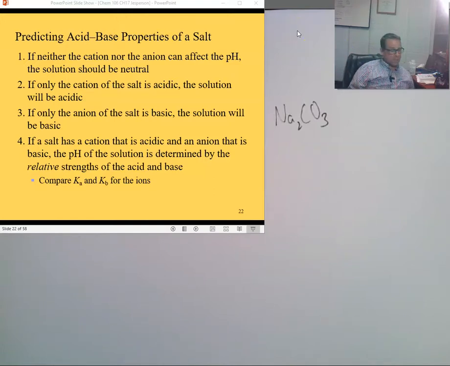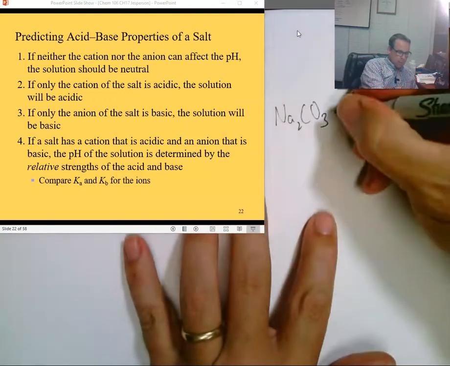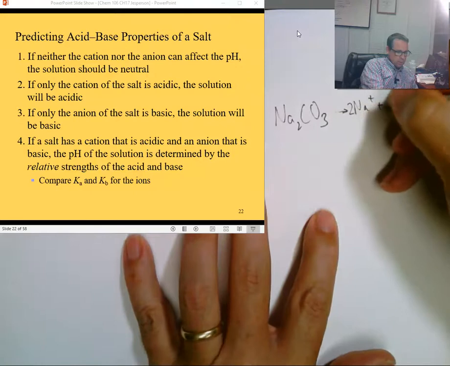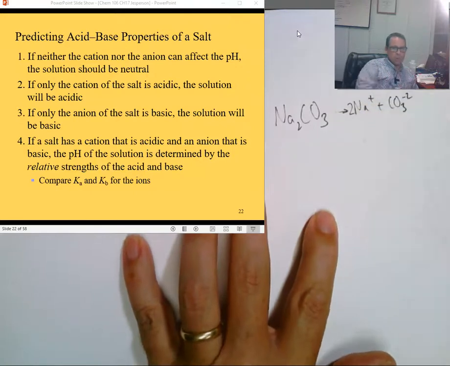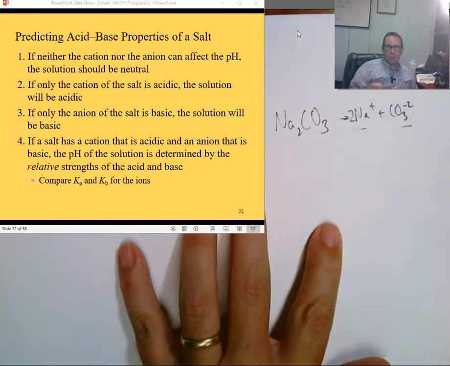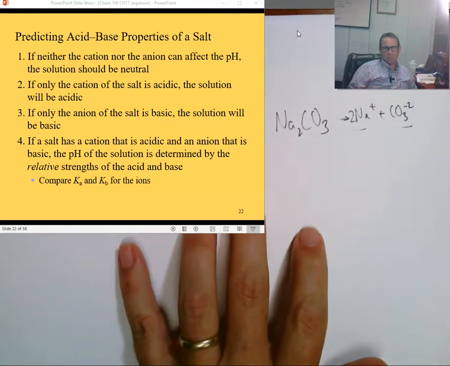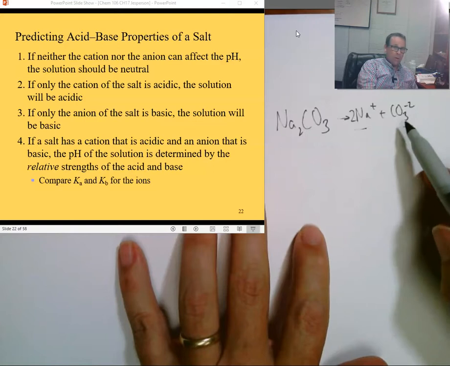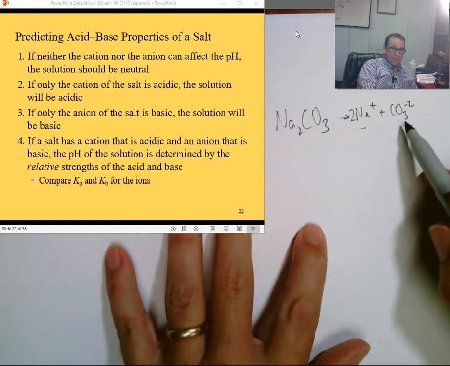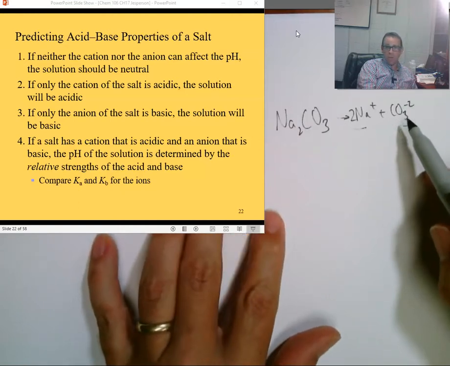So what's going on there? Well, this dissociates into Na, two of them, and CO3 with 2- charge, right? And if any of the dissociation products of a salt are the conjugate base of a weak acid, that means it's a fairly good base.